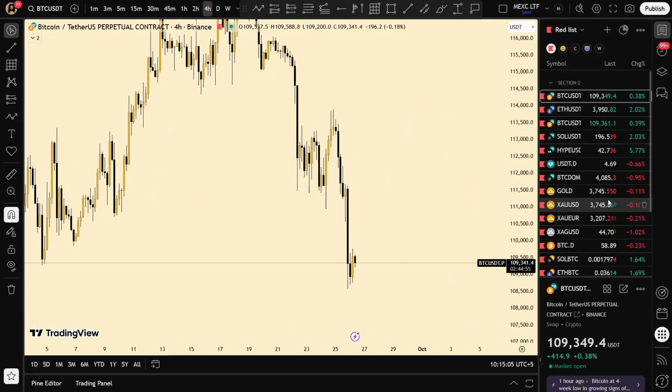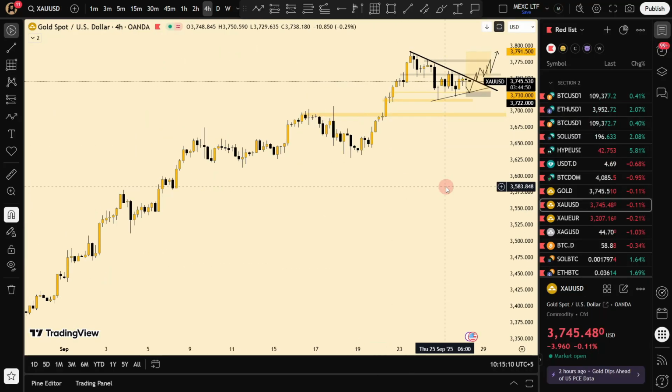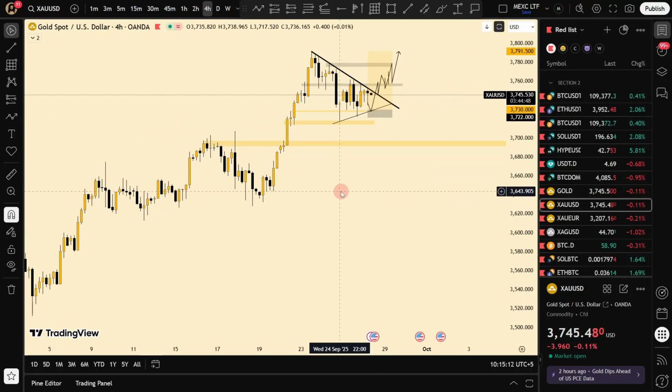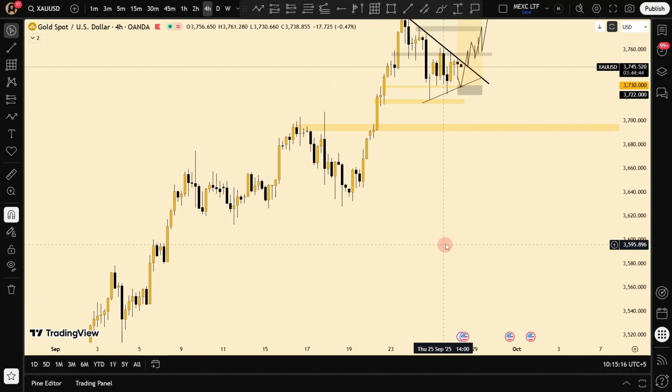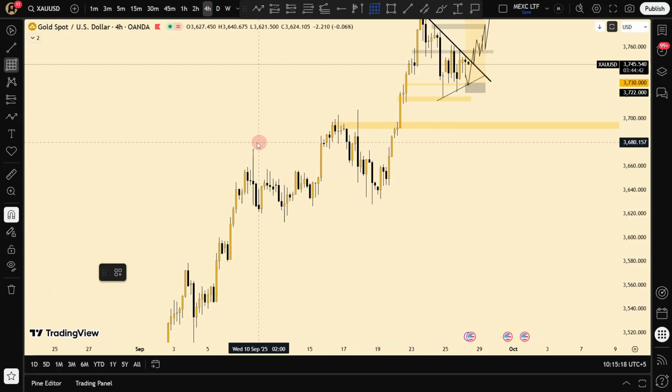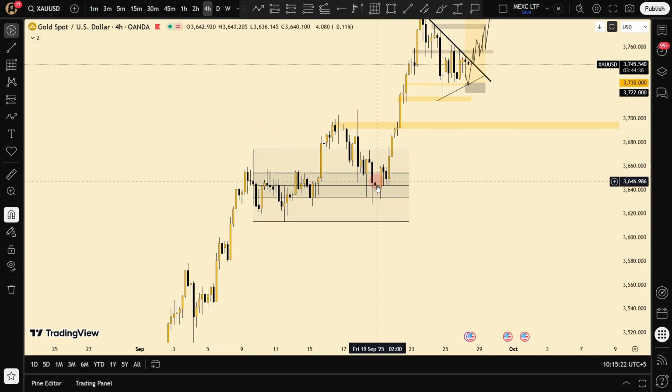I'll actually take you to the gold chart as well, because we trade gold as well, and you will see the same thing. So this is the 4-hour chart, right? What happened over here? Draw the zone. Price comes in, goes back up.